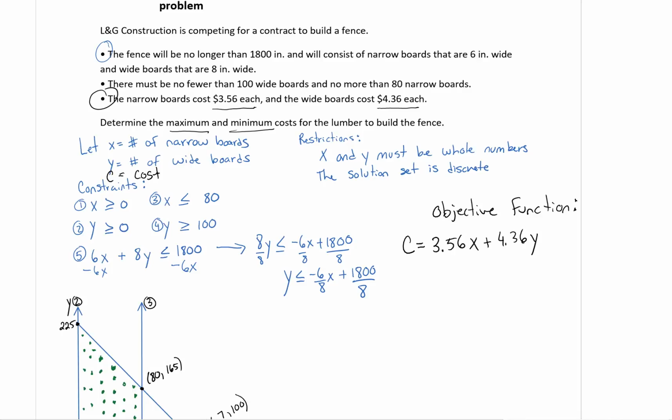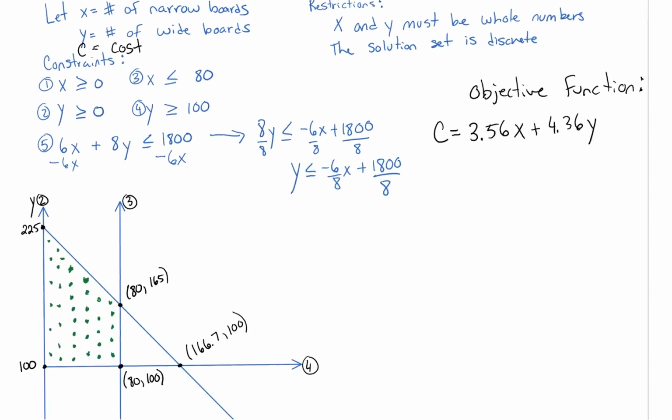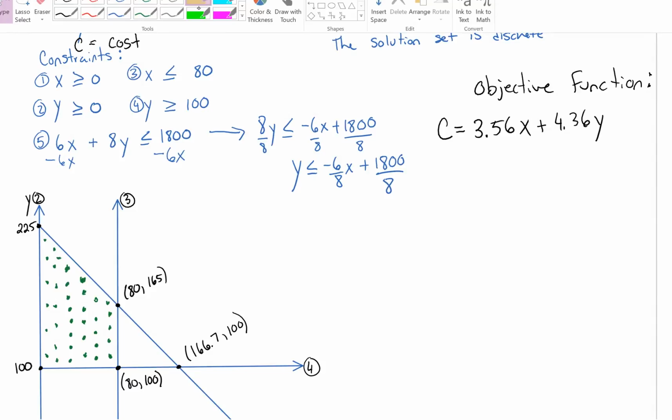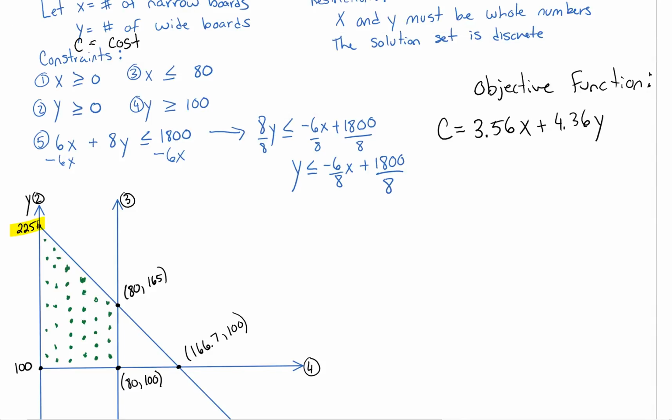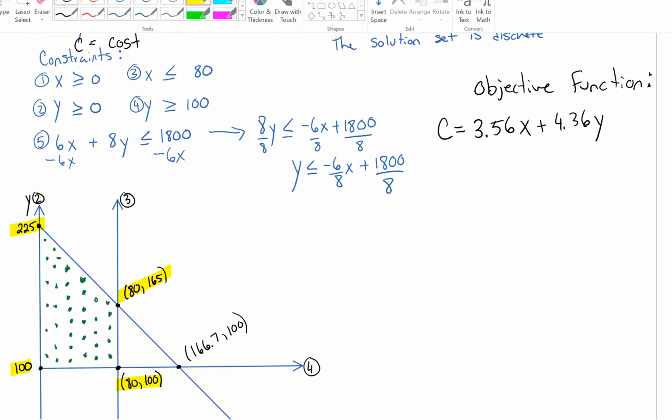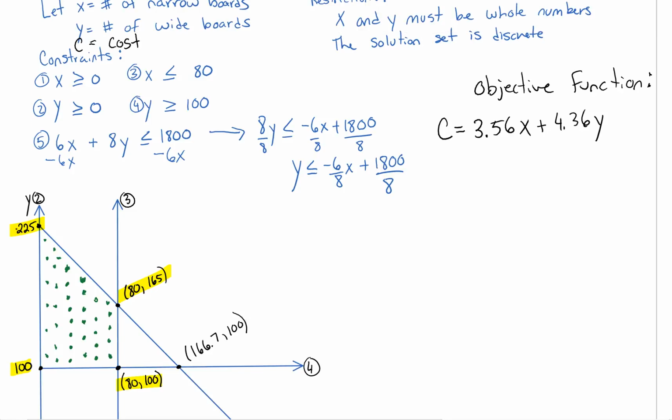Okay, so what are the corner points of our feasible region? We can highlight them. We've got (0, 225), (0, 100), (80, 165), and (80, 100). Those are the corner points of our feasible region. Now, when you're looking at y-intercepts, don't forget that that's an x value of 0 and a y value of 225. So let's test those points. If we do that one, that would be (0, 225), like I just said.